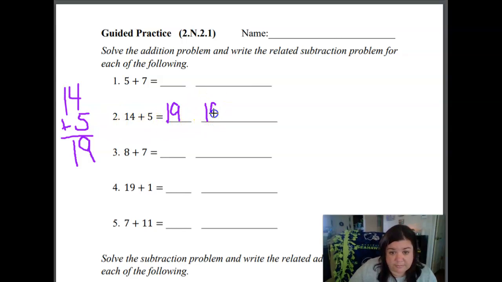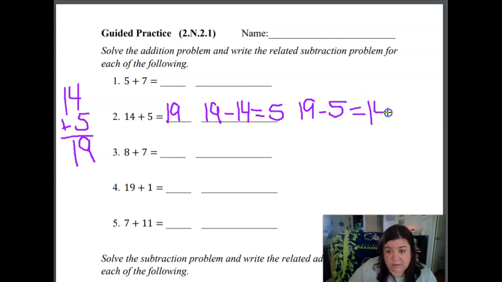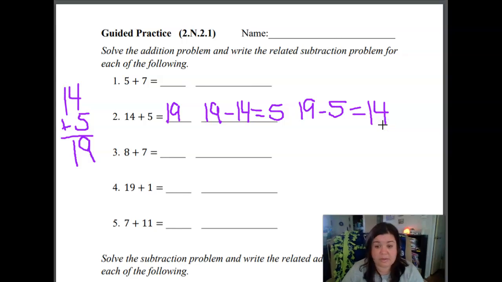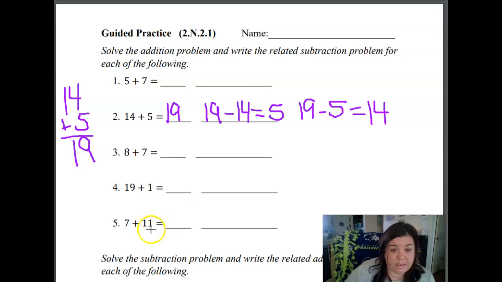We start with our answer. And I'm just going to go in order from left to right. 19 minus 14 is 5. Then you have to write 2 subtraction problems. And 19 minus, I'm just going to do the next one, 5 equals, what's the other number? 14. So those are our fact families. You're only working with those 3 numbers.